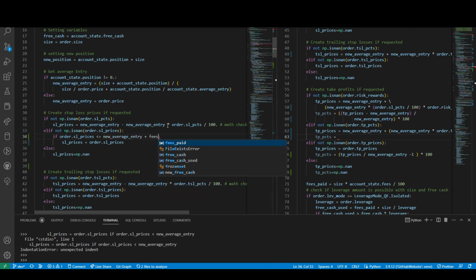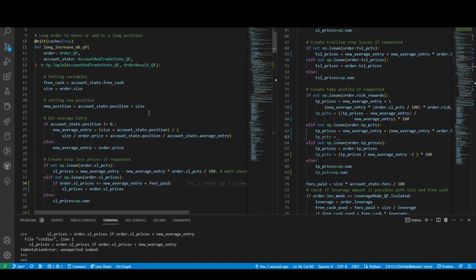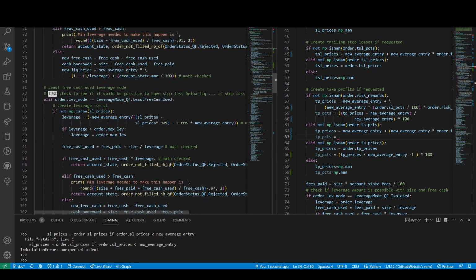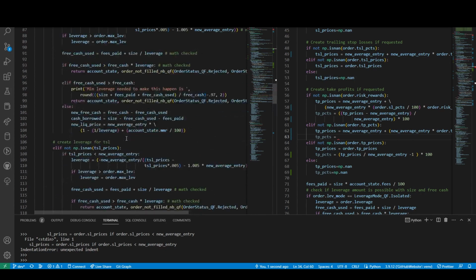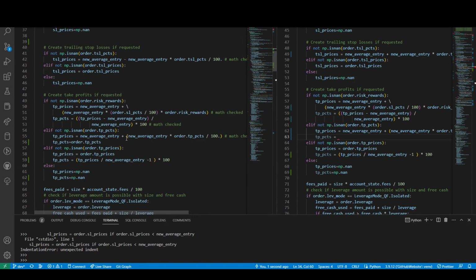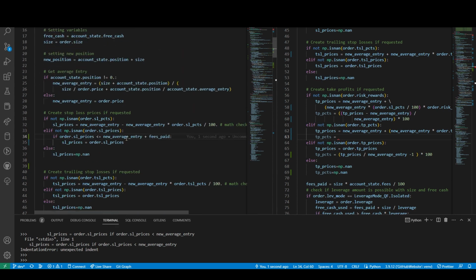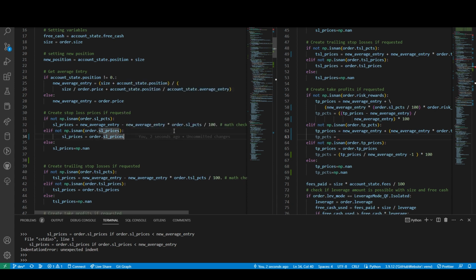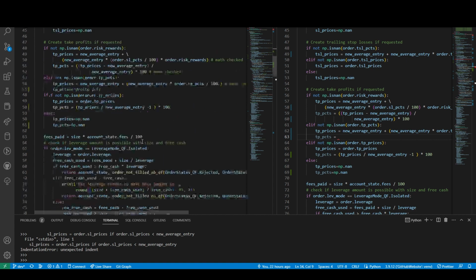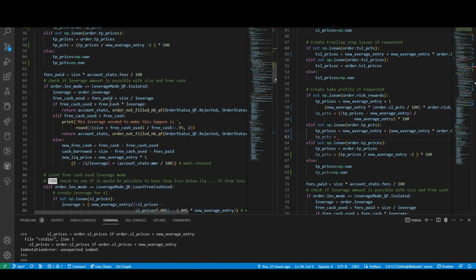So we say here, if order dot stop loss prices is less than new average entry plus fees paid, oh, we'd have to put that all the way down here because we need to get the fees paid and all that stuff. Right. Fees paid is right here.